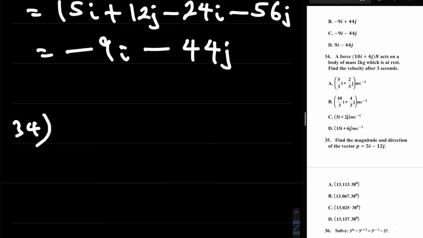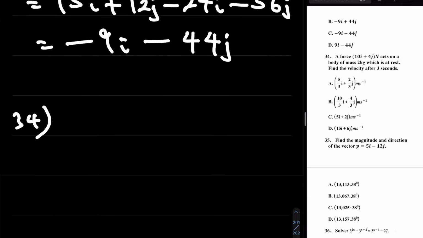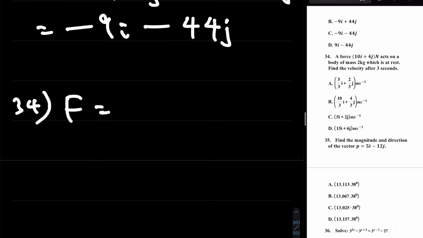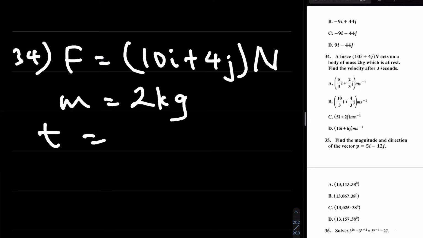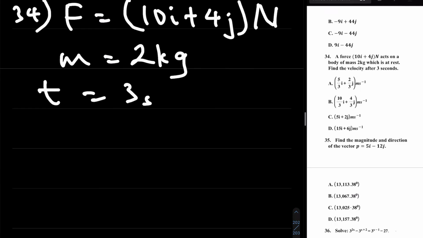A force 10i plus 4j newtons acts on a body of mass 2 kilograms, which is at rest. Find the velocity after 3 seconds. Let F be the force, and that's 10i plus 4j newtons. The mass of the body it acts on is 2 kilograms. Time is 3 seconds.